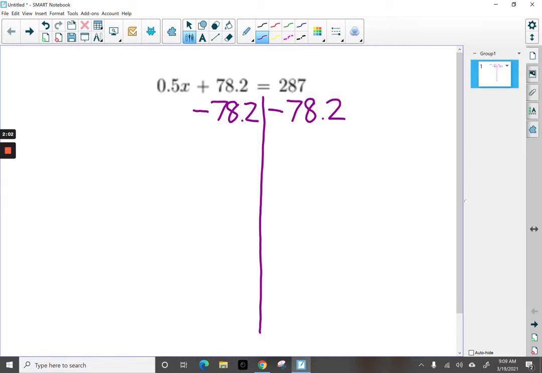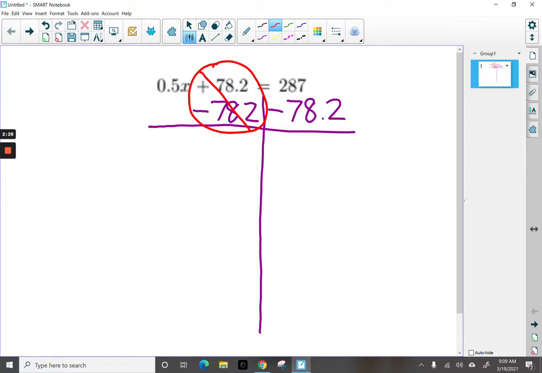And the reason why I actually write this out and draw this each step of the way is because this 78.2 and this minus 78.2, that's nothing. That pretty much is just going to disappear from my problem because 78.2 minus 78.2 is equal to 0.